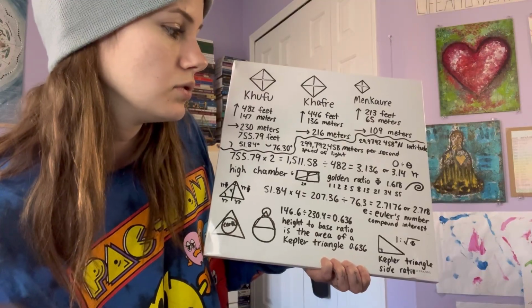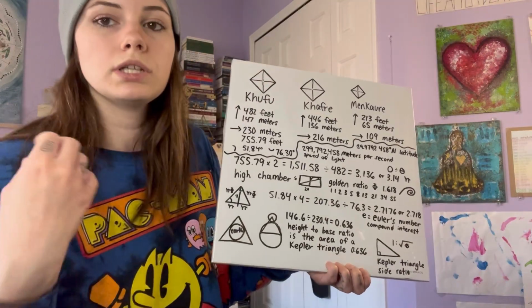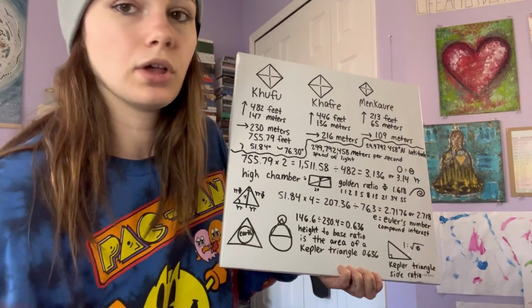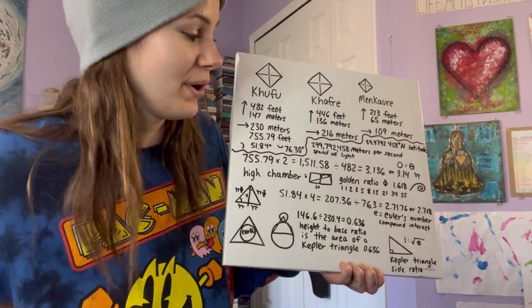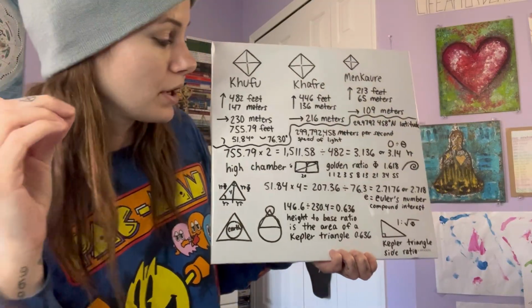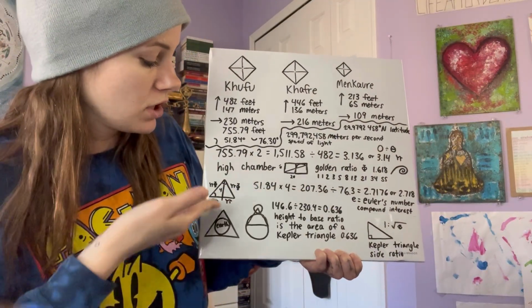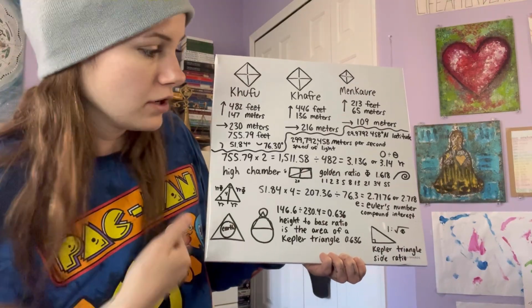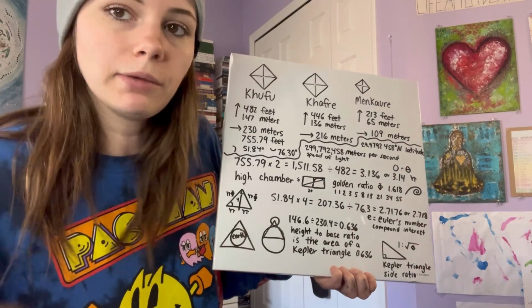That is Euler's number, which is used in compound interest. This is another mathematical constant, this E symbol. I had never even heard of that before, but this is another advanced math constant that's very obvious simply looking at the angles in ratio to each other of the Great Pyramid.